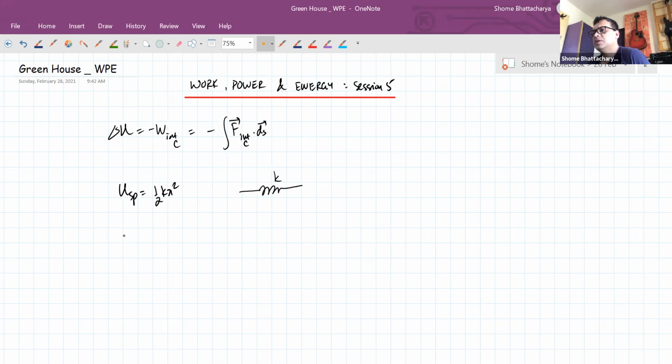and the gravitational potential energy of a mass with respect to the surface of the earth, the change in gravitational potential energy is mg delta y, where delta y is the vertical component of displacement.